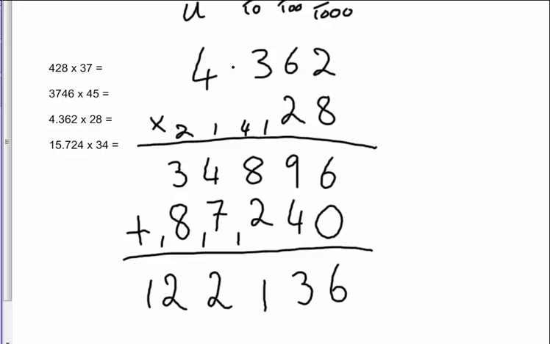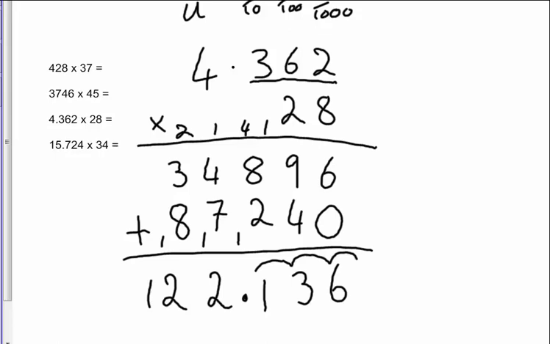Well, at the beginning I multiplied 4.362 by 28, and I can see that there are 3 numbers after the decimal point. So I'm going to count in 3 spots for my answer. So I'm going to go 1, 2, 3, and my decimal point is going to go in there, which gives me a total answer of 122.136.